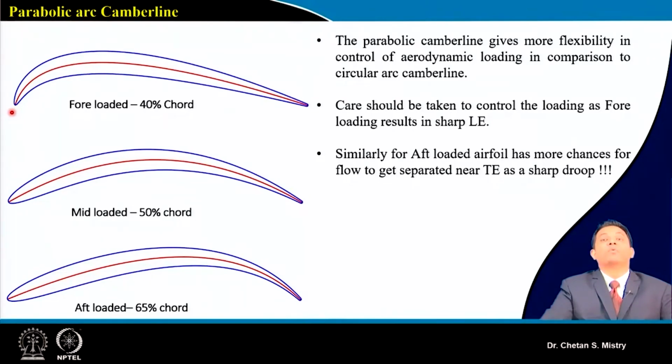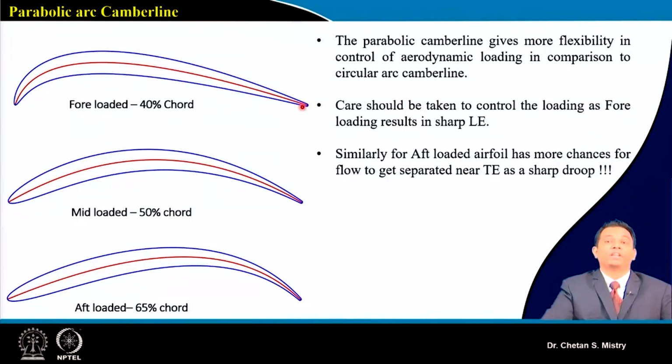We will have more acceleration on my suction surface, and later on, after say 20% or 30% of chord, we will have the deceleration. That is what happens on the suction surface. Now, what we are doing here is making this blade in such a way that it is front loaded. So you will have a whole lot of acceleration on the suction surface, and later on you will have the deceleration of the flow.